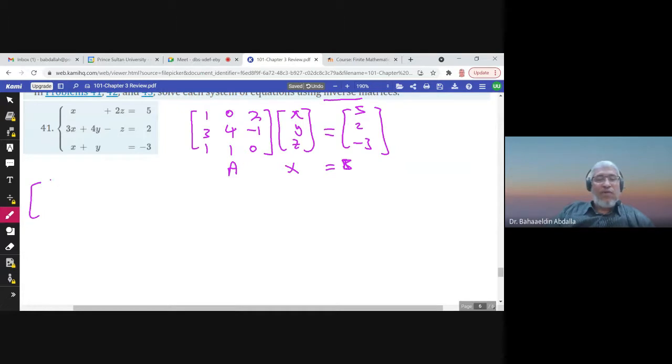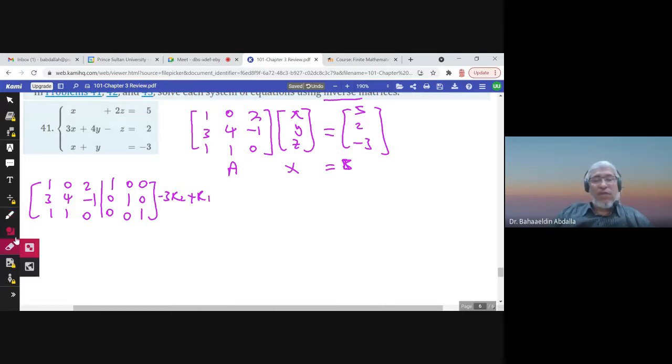And to find A inverse, I do the usual procedure. So I write the identity matrix here, and I change this matrix to the identity matrix. Well, I have 1, so I use it to make -3.